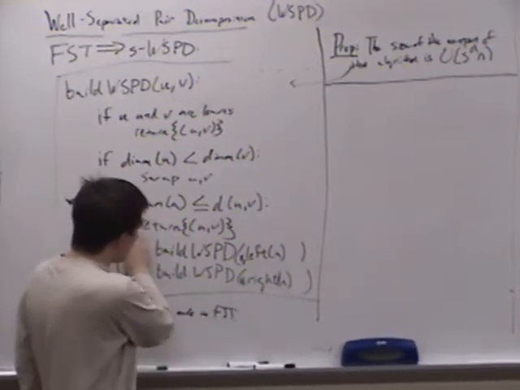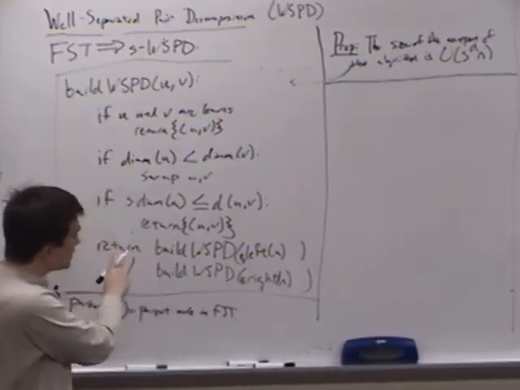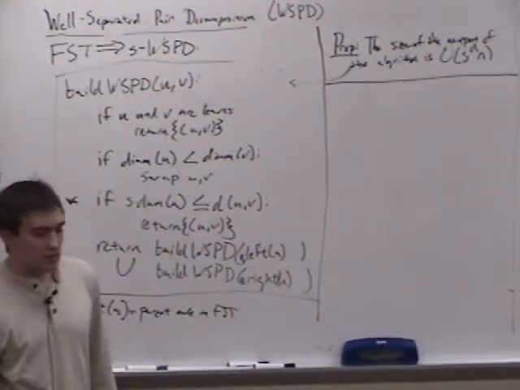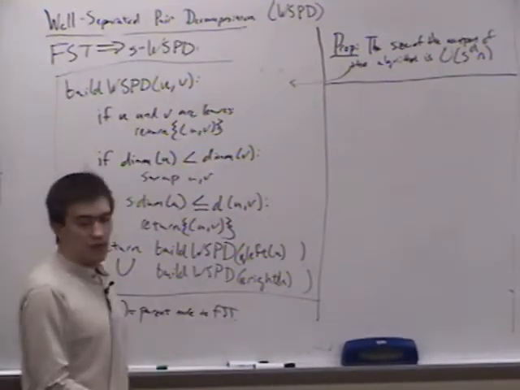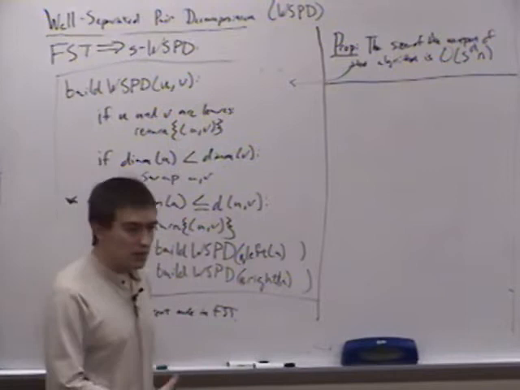If we ever get to this line, then it was because in the previous iteration of this loop, v was split into its left and right children, and it was recursed.